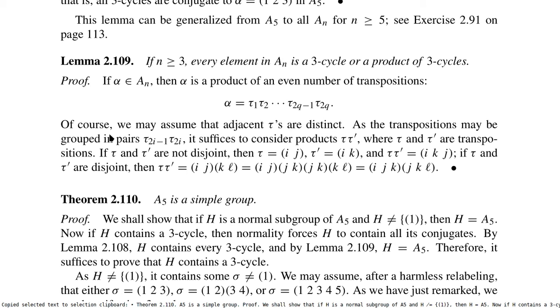So if we just consider 2 transpositions that are not disjoint, so you have tau, which is (i j), and tau prime, which is (i k), the product is going to give you (i k j), right? That's a 3 cycle.